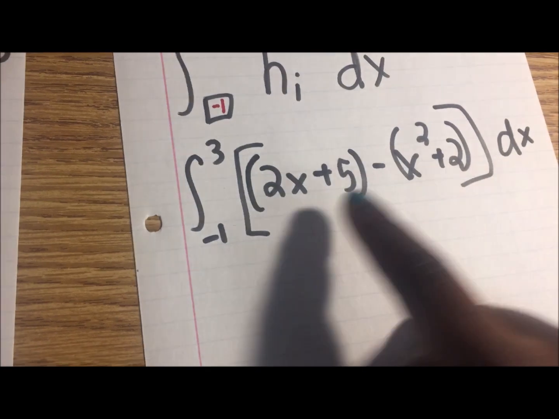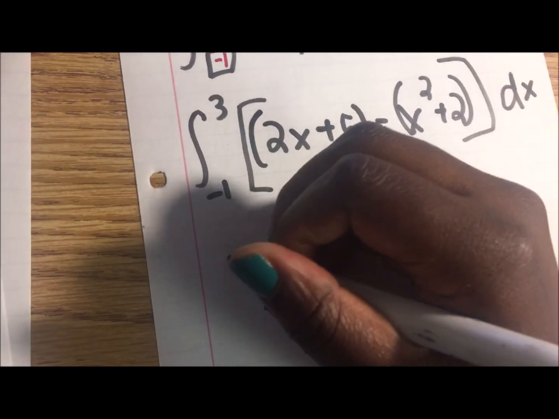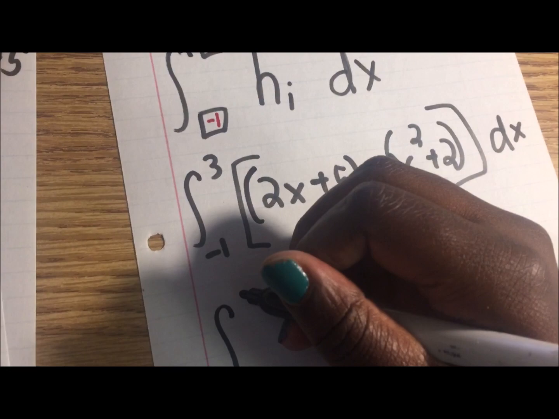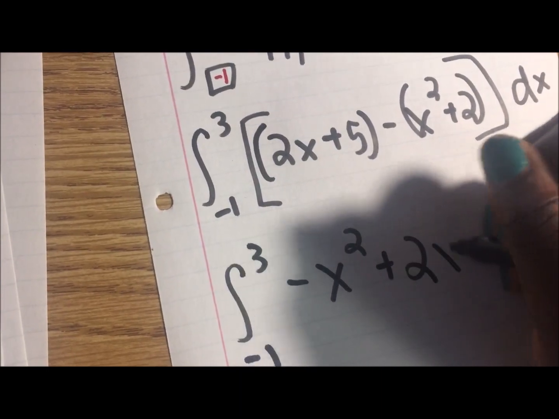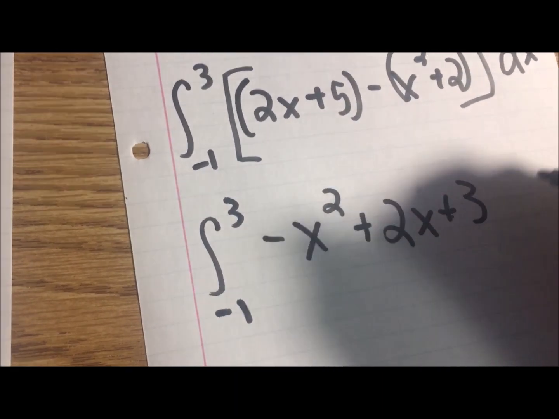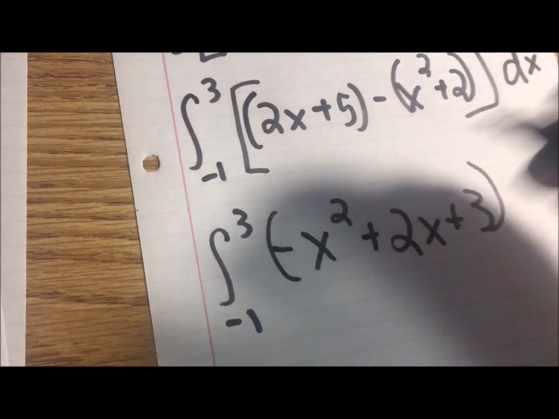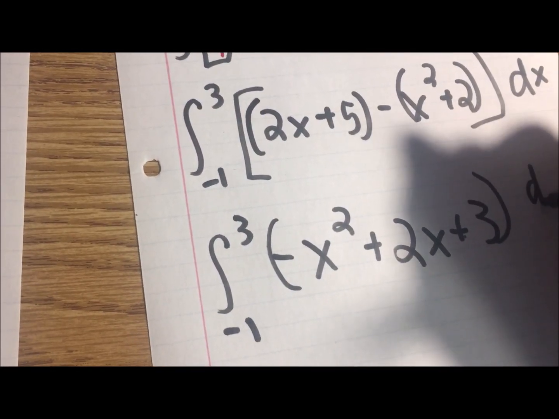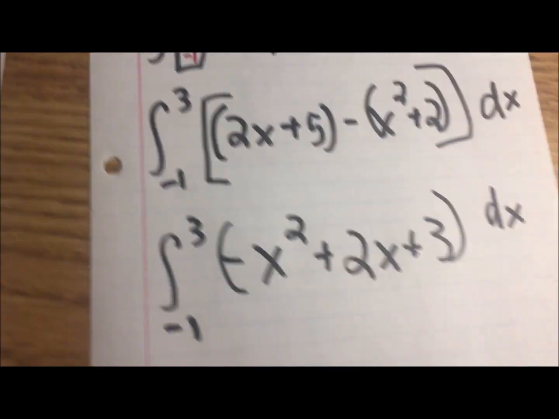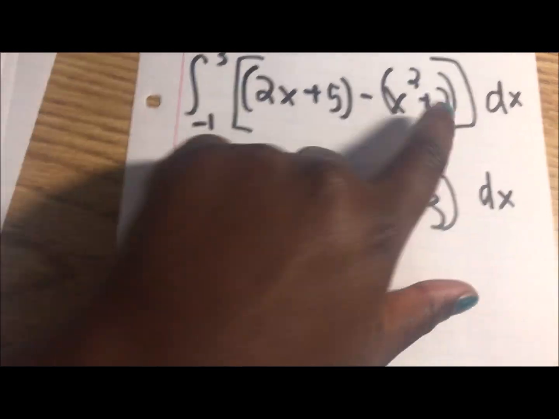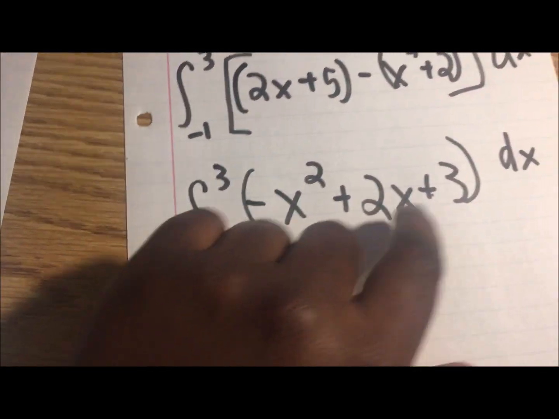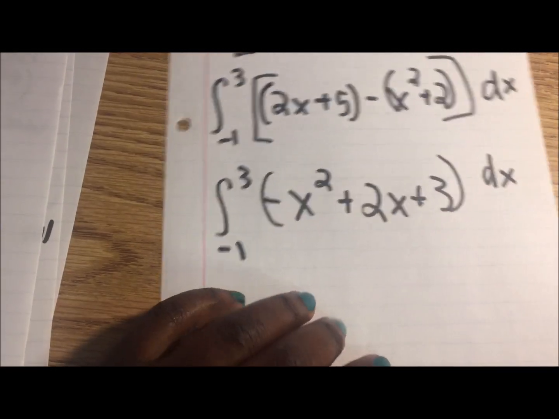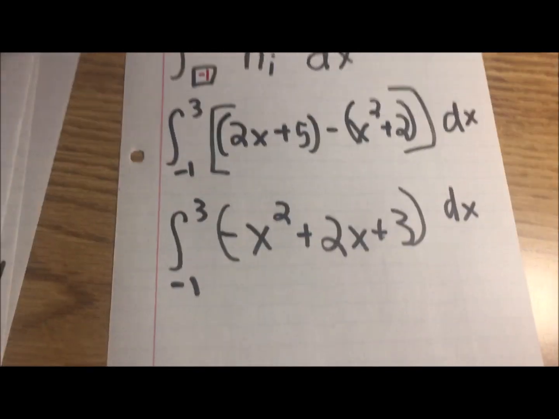But when you subtract these two, what you really get is negative x squared plus 2x plus 3, dx. This is HI and that's dx. So we've set up our integral. Now we're ready to integrate.